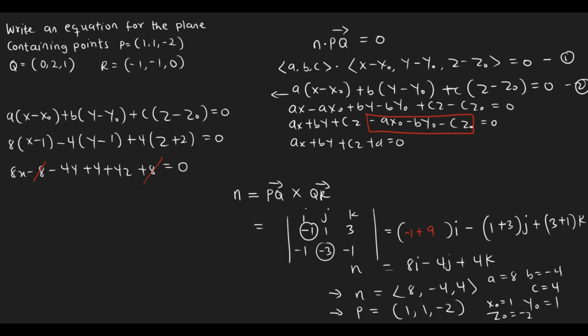So they are going to cancel out. So let's write down what you have now. You're going to have 8x minus 4y plus 4z plus 4. Okay, this should be equal to 0. So this will be the equation of the plane passing through the point that was given.